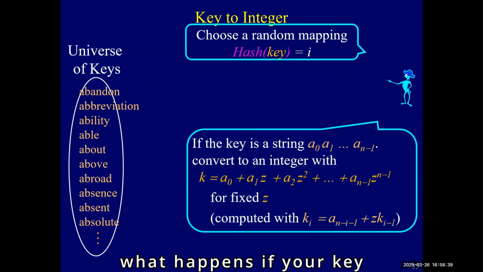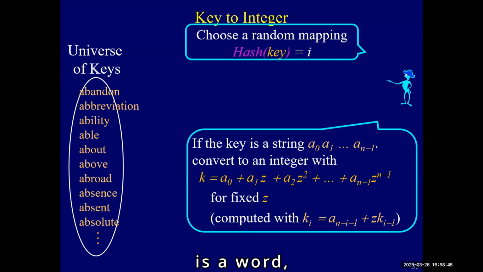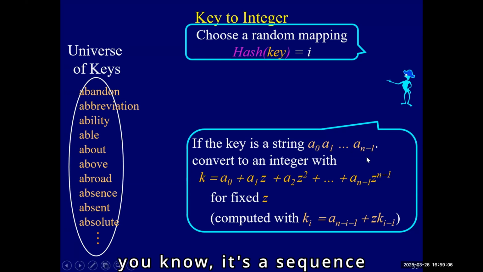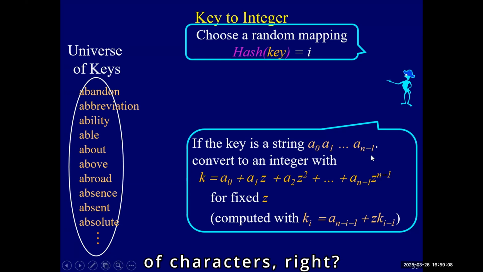What happens if your key is not an integer, right? If your key is a word, then we still have to map it to an integer so that we can hash it, right? One way is you think of the key here as being a sequence of characters, right?